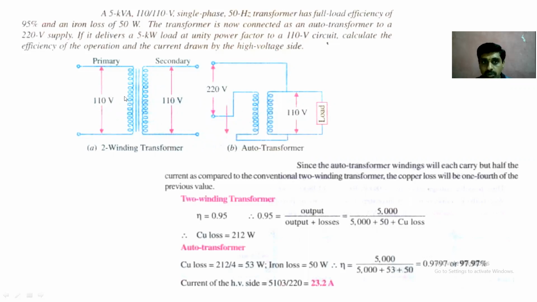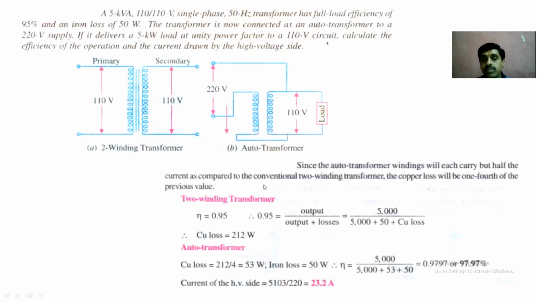So from the two winding transformer, you apply the formula of efficiency: 0.95 equals output by output plus losses. Output is given as 5 kVA, 5000 by 5000 plus losses. Here the iron loss is 50 watts, copper loss we don't know.